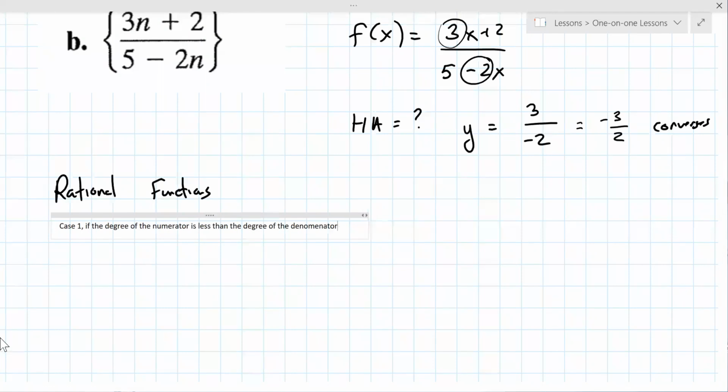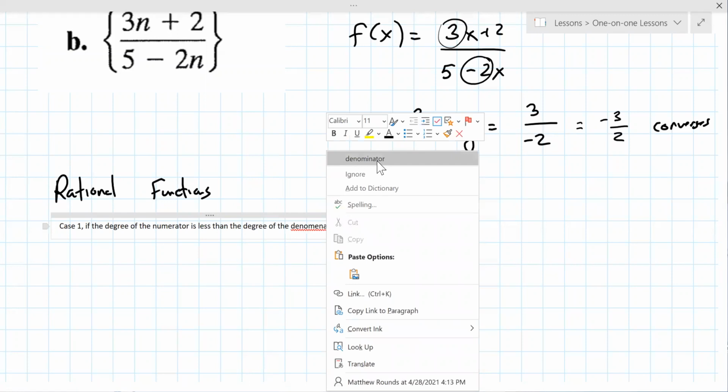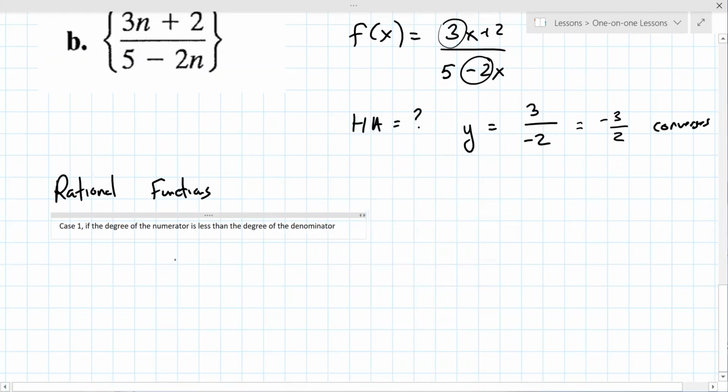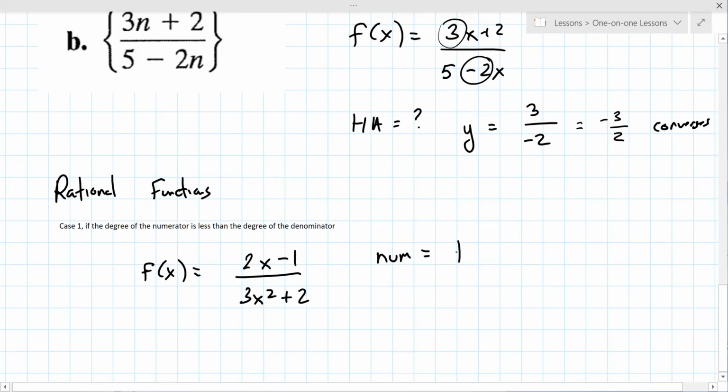What's an example of this? f(x) equals (2x minus 1) over (3x squared plus 2). The degree of the numerator is 1 because there's a 1 right there above the x. The denominator is 2. 1 is less than 2. You follow that? This 1 and this 2.